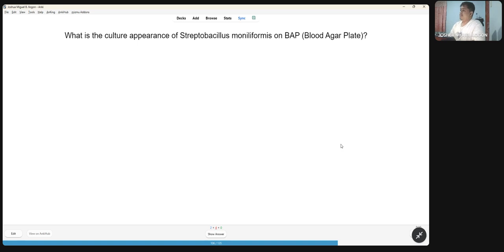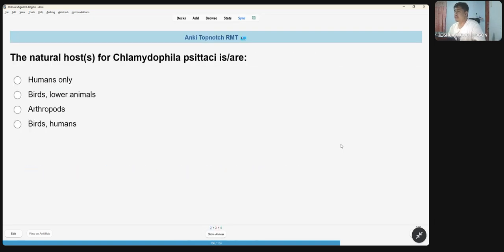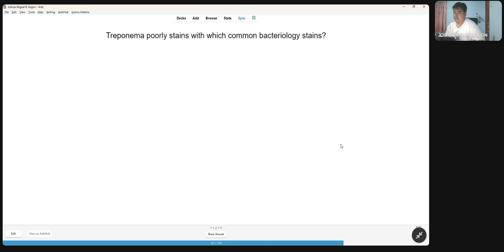Blood on a plate, that's your fried eggs. Birds, lower animals. Treponemal tests for the states.